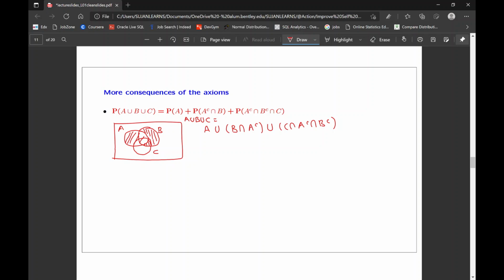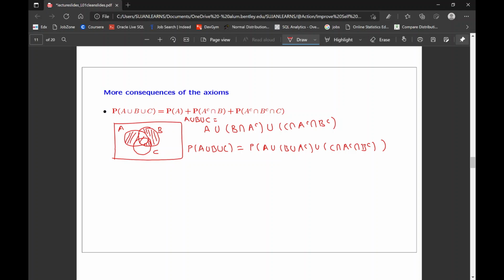Since these three pieces are disjoint, we can say that probability of A union B union C is equal to probability of A union (B intersection A complement) union (C intersection A complement intersection B complement).